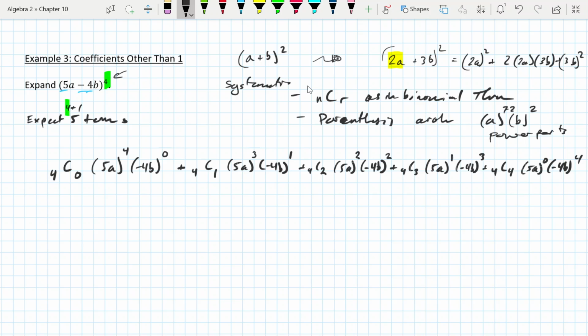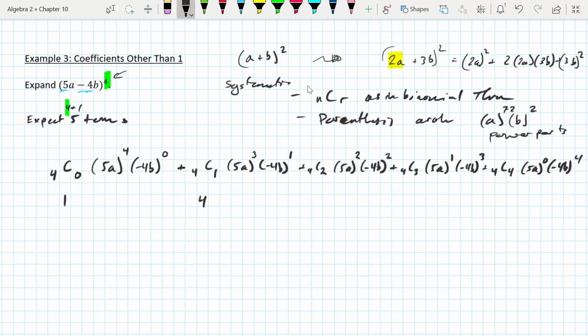Okay. Now, each one of these things I'm going to be very careful about calculating. The first thing I might do in my calculator by hand is write out what the choose notation is, because that's easier to calculate. So 4 choose 0 is 1. 4 choose 1 is 4.